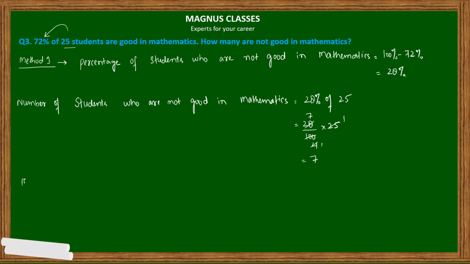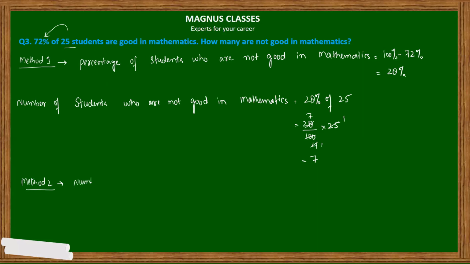Or you can also do this by method number 2. What you do is that you find the number of students who are good in mathematics.